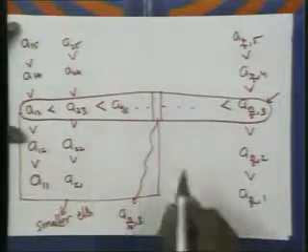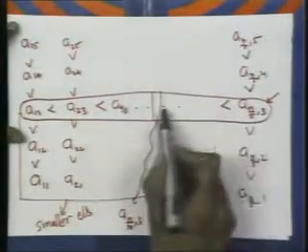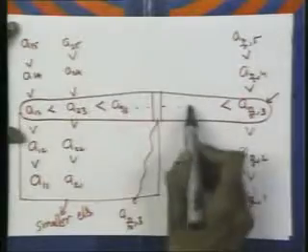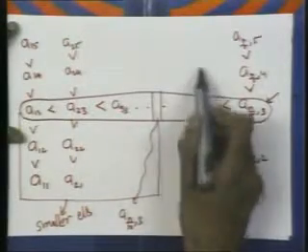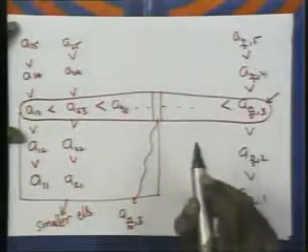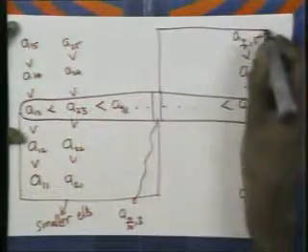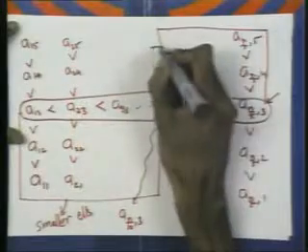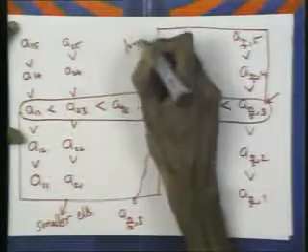Similarly, if you look to the right, these are all larger elements, and also if I go right and up, I also get larger elements. This is also larger than this, right? So this portion again consists of larger elements.